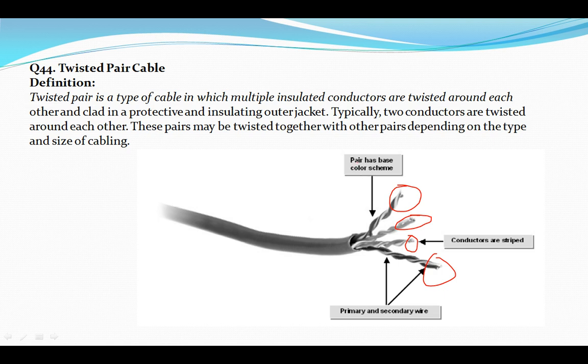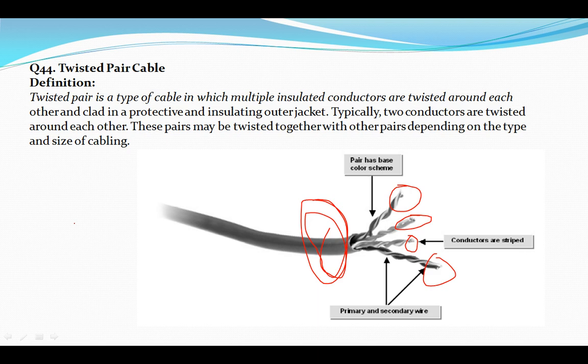As you can see here, the pairs have a base color scheme, so it will have some sort of coloring also, and this is covered by one insulator again, in black or blue color. Basically the conductors are stripped, and we will use these wires at the time of crimping.